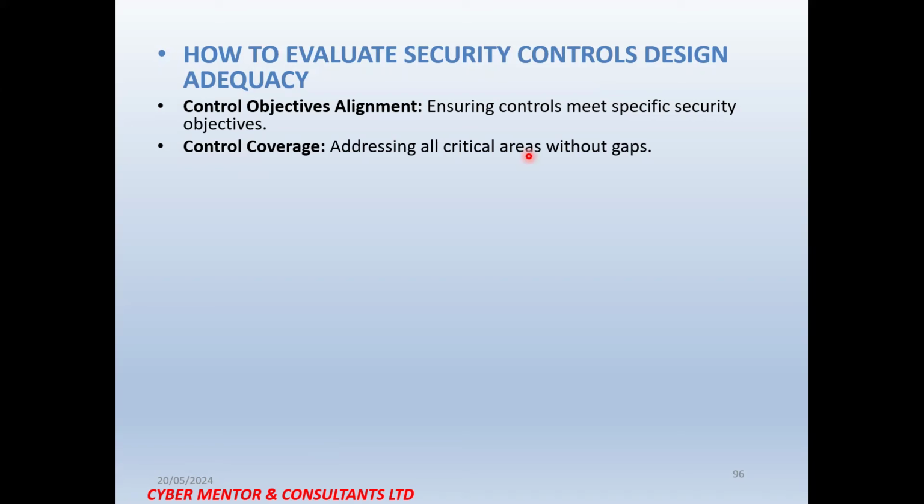Because when you implement a control, the control should be able to address different aspects of your business, different departments, different operations, not just one section. Is it addressing critical areas of the organization, your systems, your processes, and ensuring there are no significant gaps? Let me give an example.